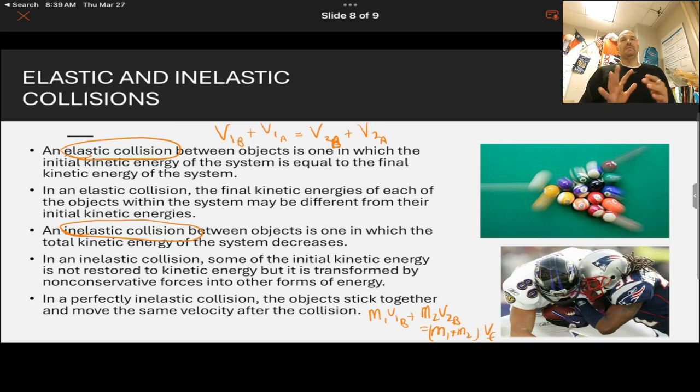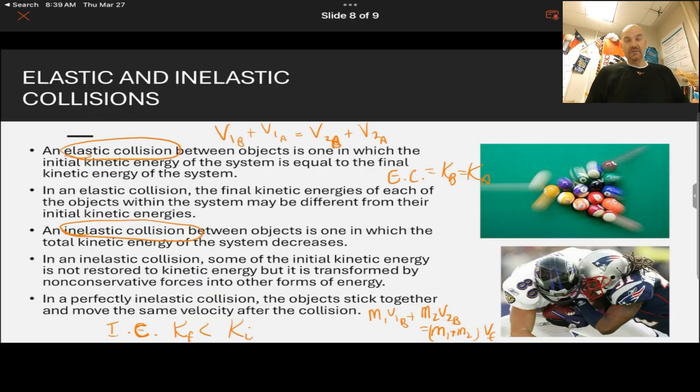Sometimes an object will be stationary before it gets hit. And again, with inelastic collisions, your final kinetic energy will be less than your initial kinetic energy. For elastic collisions, your energies will be equal.